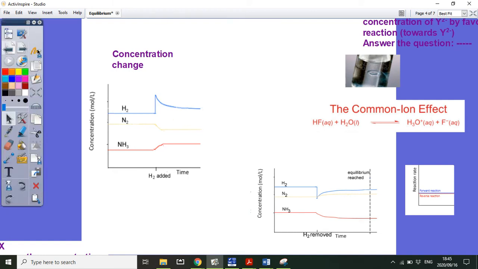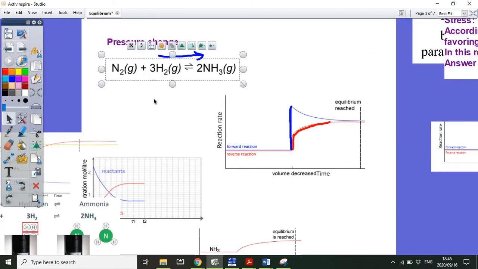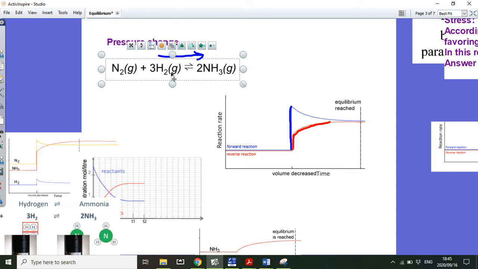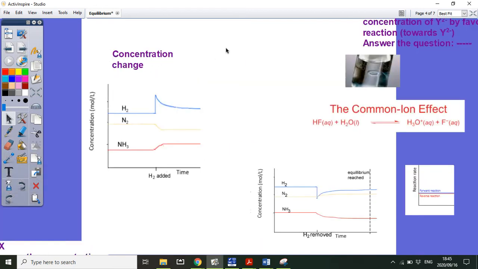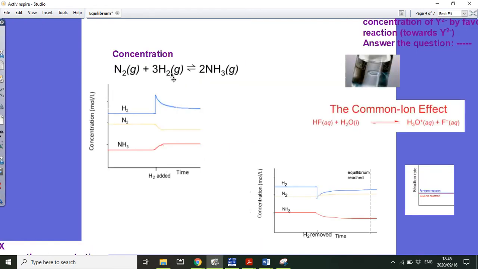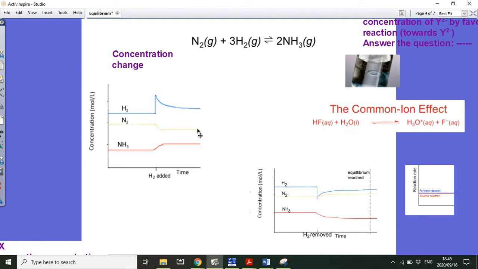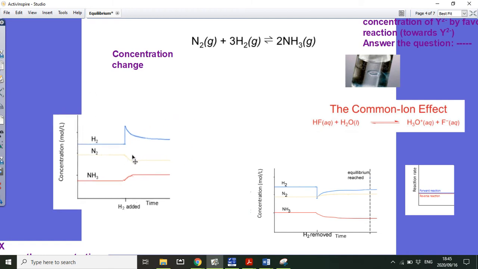So if we look back at our reaction here, the H2 is there, so it's going to favor away from the H2, forming more of this. But when the H2 gets decreased, the N2 goes with it because it's on the same side of the reaction. So let's keep that there. So you can see what's happening with the concentration. The mole graph again will look exactly the same.